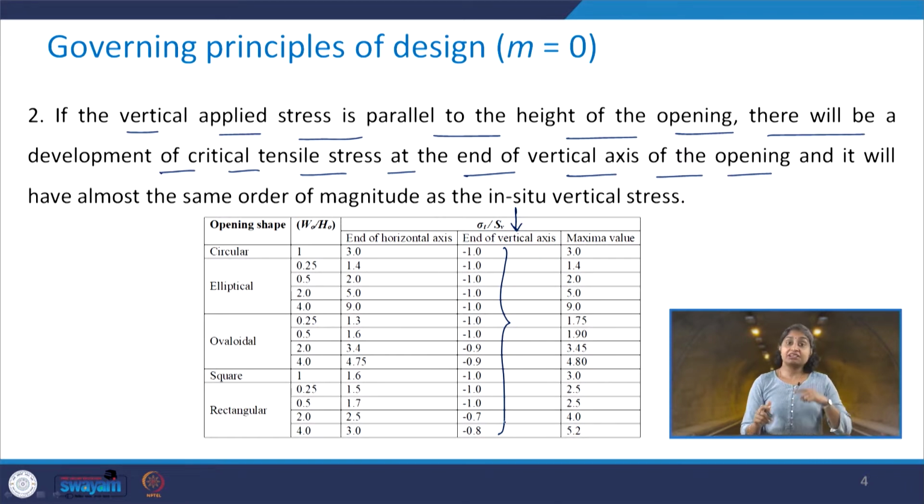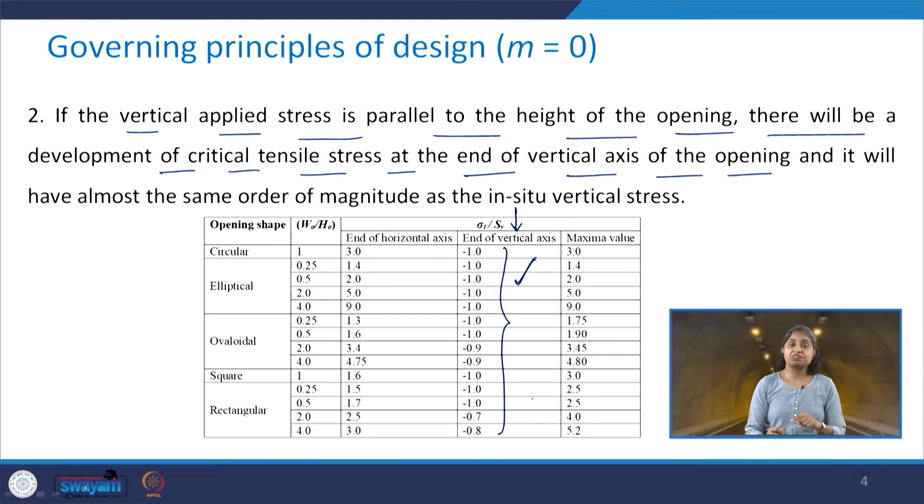If you recall, when we discussed the circular tunnels, I mentioned that it is the uniaxial state of stress which is critical, because at the crown portion of the tunnel there is going to be the occurrence of tensile stresses, and therefore if the tensile strength of the material is less than the tensile stress which this opening is being subjected to, there is going to be the occurrence of tension cracks, and one needs to be careful as far as the provision of the support systems is concerned in the crown portion of the tunnel.